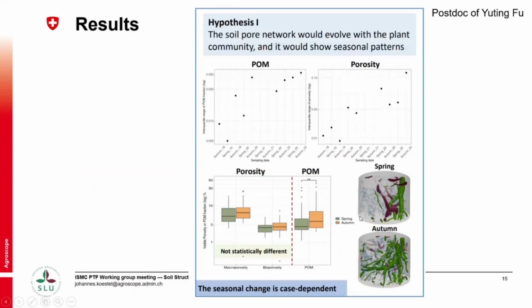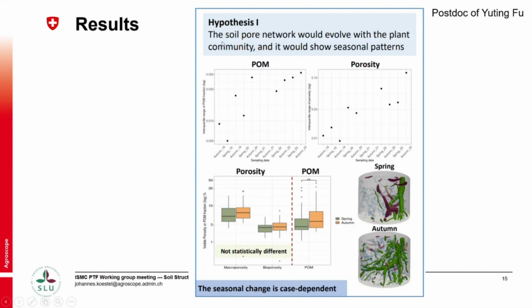To come to the questions, the hypothesis that we had when starting this experiment was that the soil pore network would evolve to some kind of equilibrium, but we found out no, that's not the case.